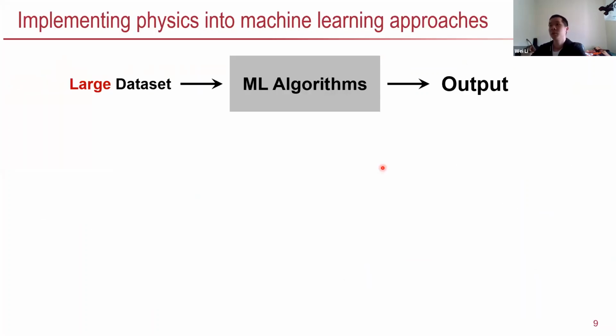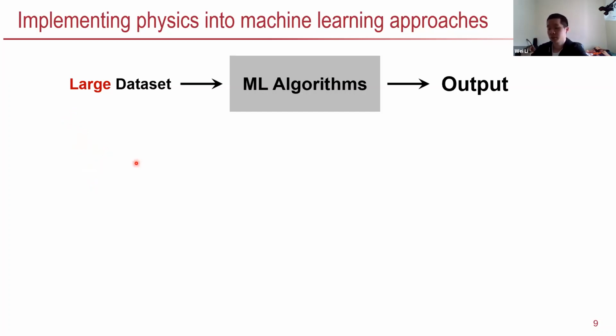With this example, we can see the power of the machine learning algorithm. It can give a very good fit to our data, but the problem is that we need a large data set in order to make sure the accuracy is acceptable. But this takes a lot of time. Even for the simulation, we need a lot of time to prepare the data.